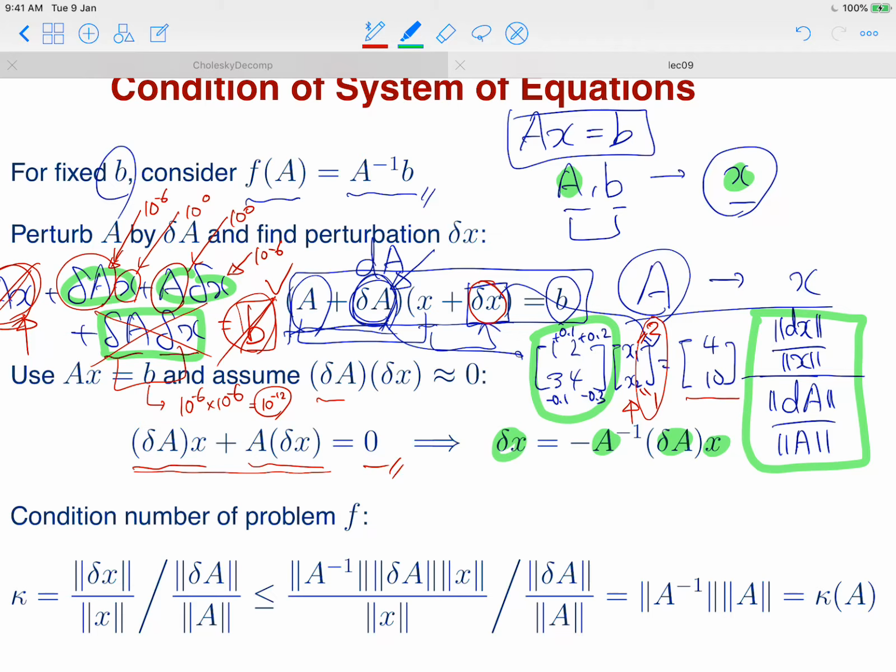In this case, we can easily obtain this equation. We just move this to the right hand side, and then multiply by the inverse of matrix A, and then we obtain this.